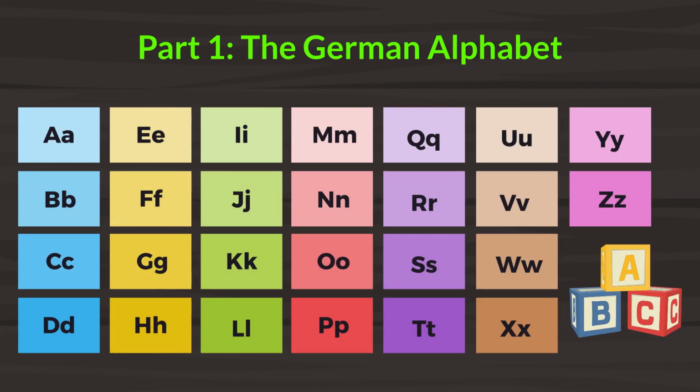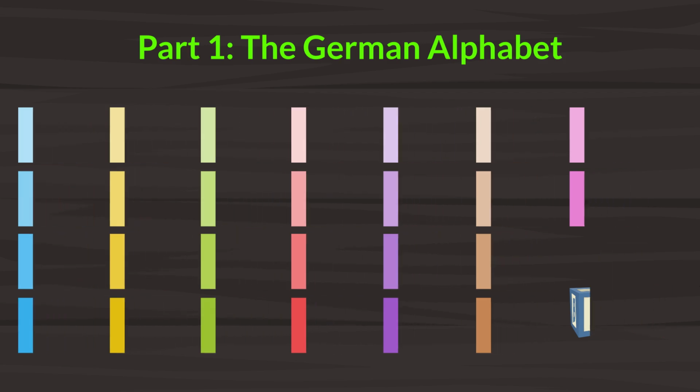The German alphabet has 26 letters, the same as English. Each letter has its own name and sound, but some letters are pronounced differently from English. Let's quickly go through the letters first.